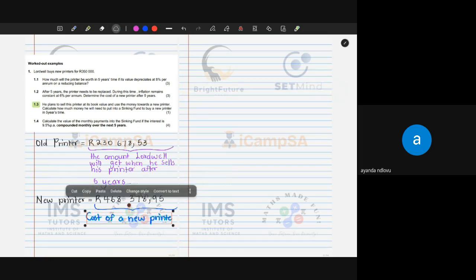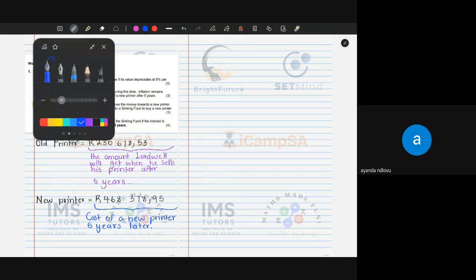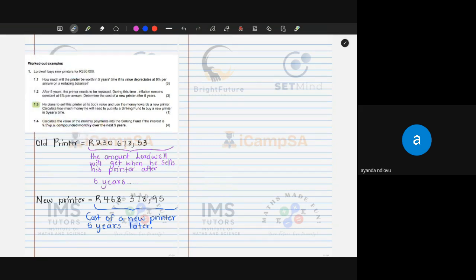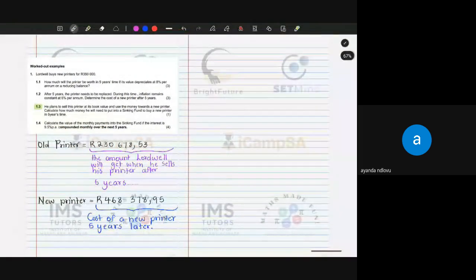Anyone, guys? How do we get the answer? Subtract the new printer price from the old printer, and then use that amount as your future value to see how much money you need to put in monthly as your sinking fund. Not the amount we need to put in monthly, do you agree?